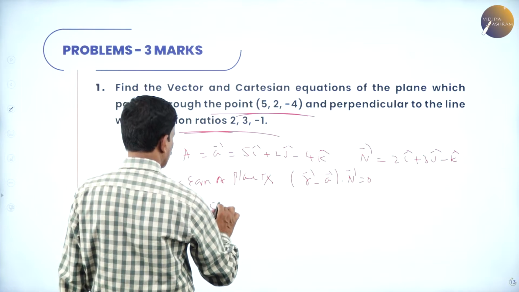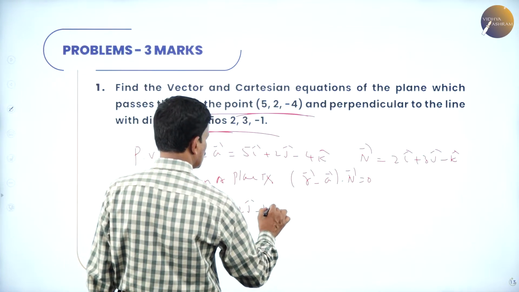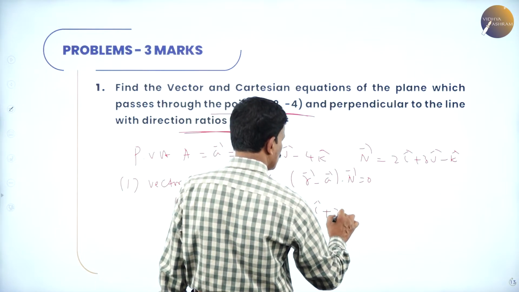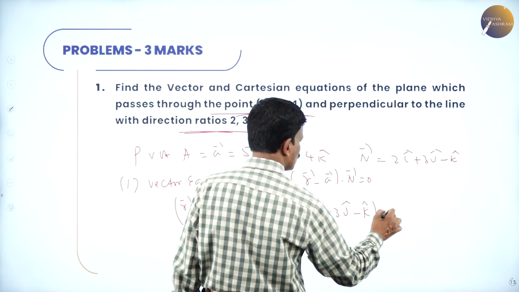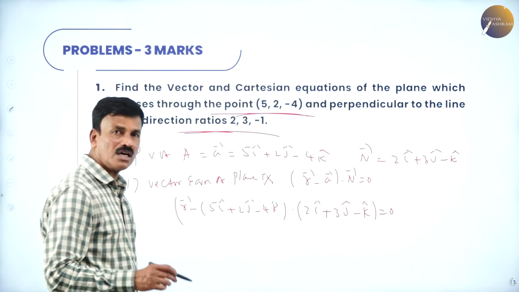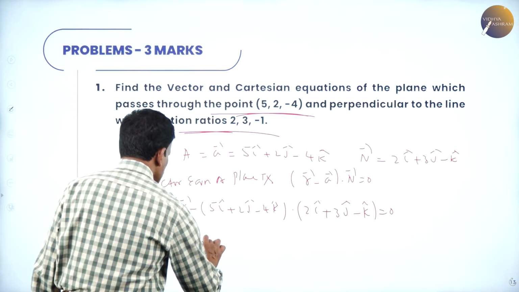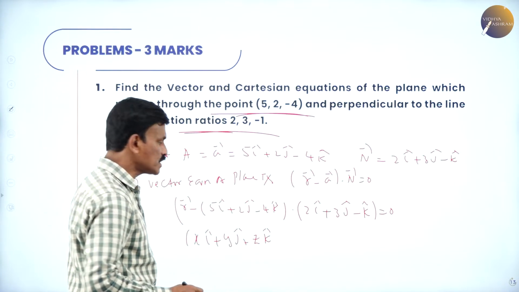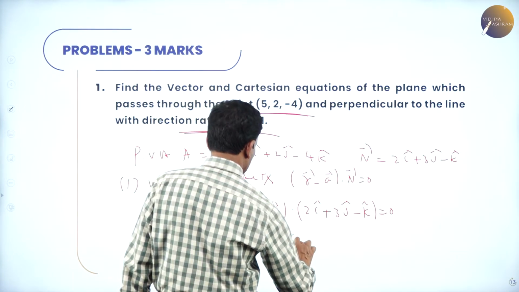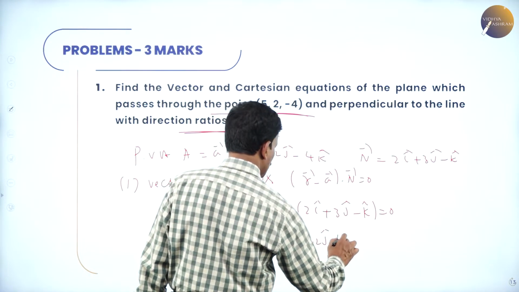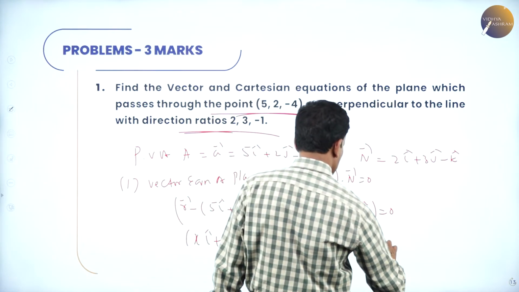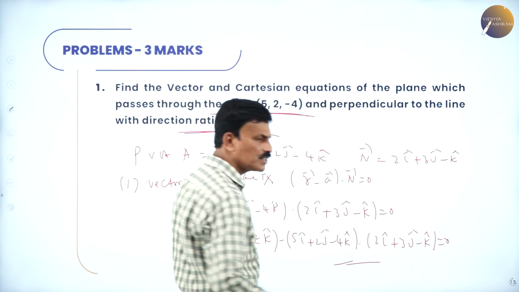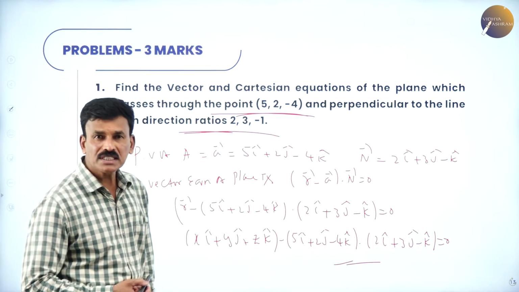What is vector a? 5i + 2j - 4k, and n is 2i + 3j - k. Since r can also be written as xi + yj + zk, we get (xi + yj + zk - (5i + 2j - 4k)) · (2i + 3j - k) = 0. This is the vector equation of the plane.